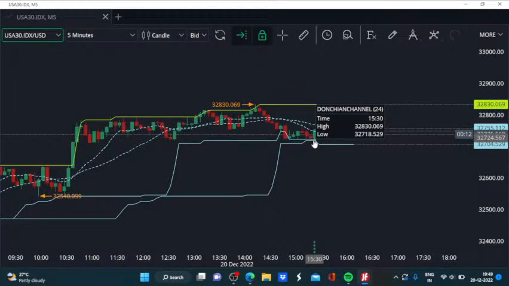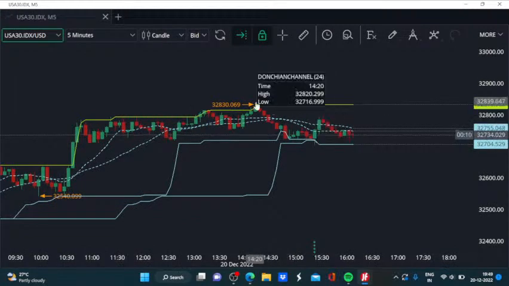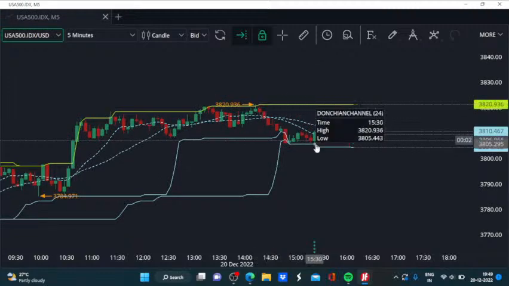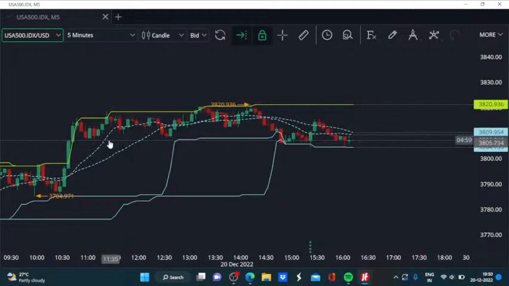The Dow Jones made this at 1530 GMT. Prior to that, the high came in at 1425 GMT, which is almost similar. So there is not much of a difference in terms of the price formation for the S&P 500 as well as for the Dow Jones Industrial Average.